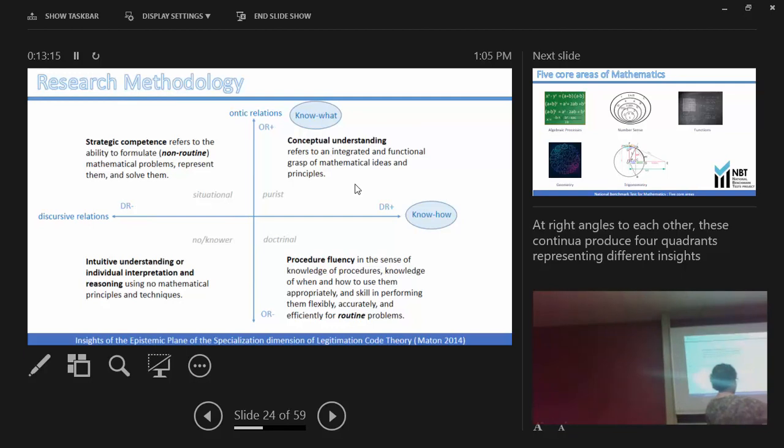So starting here in the doctrinal quadrant, I'm referring to this as procedural fluency because here you know the procedures, you know how. So you mostly know how to do routine things, but you might not necessarily know why you're doing those things. That requires more of a conceptual understanding. So you're knowing the how and you're knowing the why in mathematics.